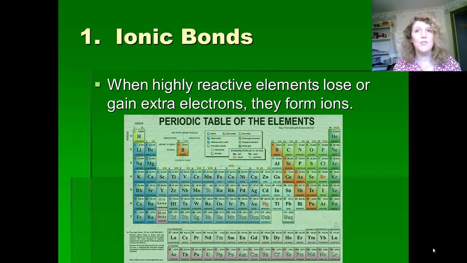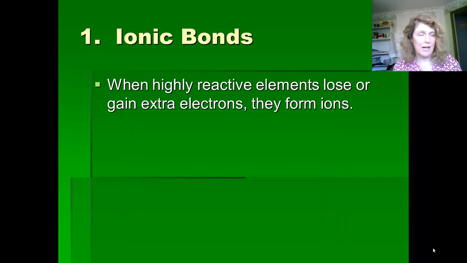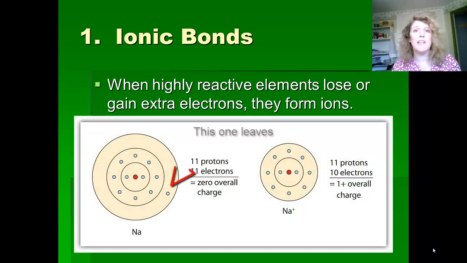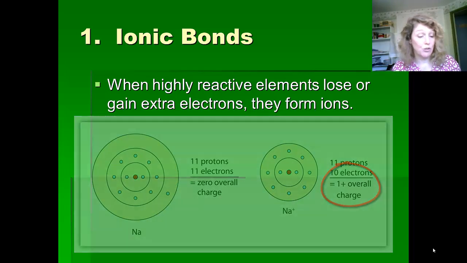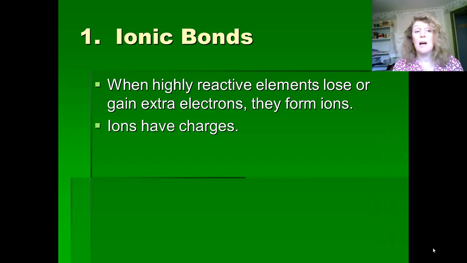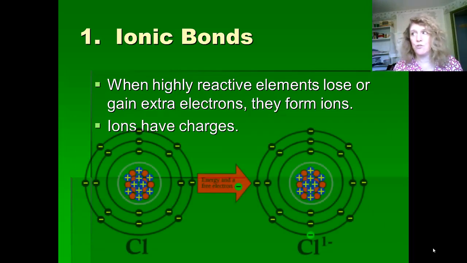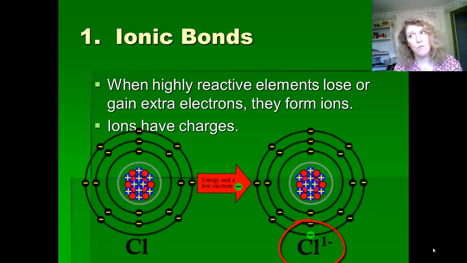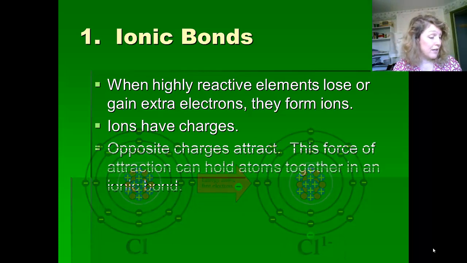When the guys on the left lose theirs or the guys on the right gain extras, that gives them an electrical charge. Ions have charges. If you lose an extra electron, you have a positive charge, and if you gain an extra electron, then you have a negative charge.